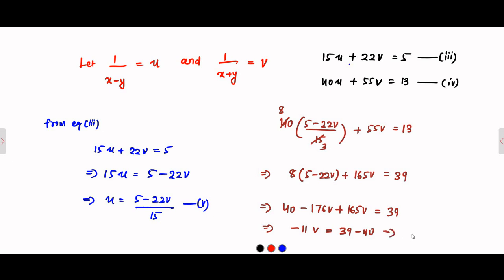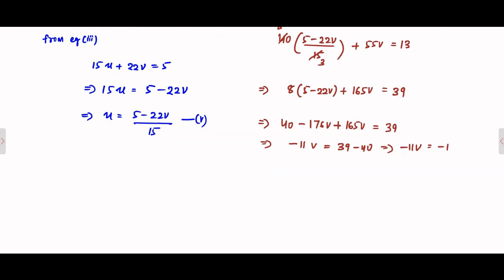That implies minus 11v is equal to minus 1. That implies v is equal to minus 1 by minus 11, which is equal to 1 by 11. So v is equal to 1 by 11. This is equation 6.